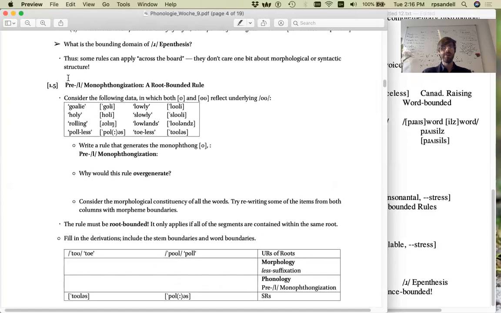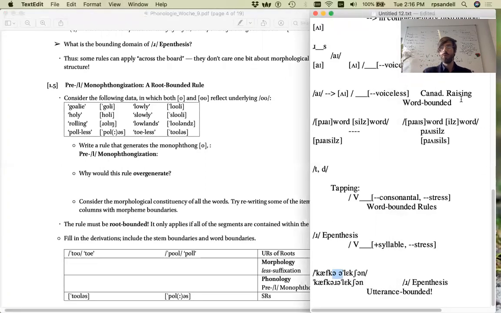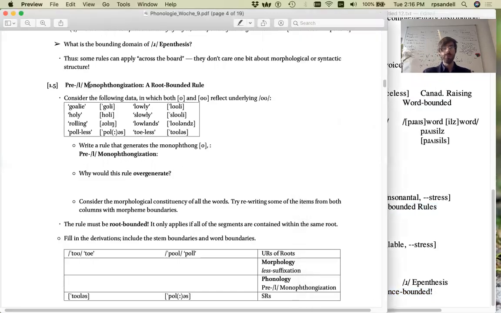Our last English example will look deeper inside the structure of a word. So far we've seen two rules that were word bounded, Canadian raising and tapping in varieties of North American English, and a rule that was only bounded by the utterance, so its application is only blocked when the speaker makes a pause, R epenthesis. This rule of L monophthongization, or monophthongization of the vowel O preceding an L, only applies within a root.